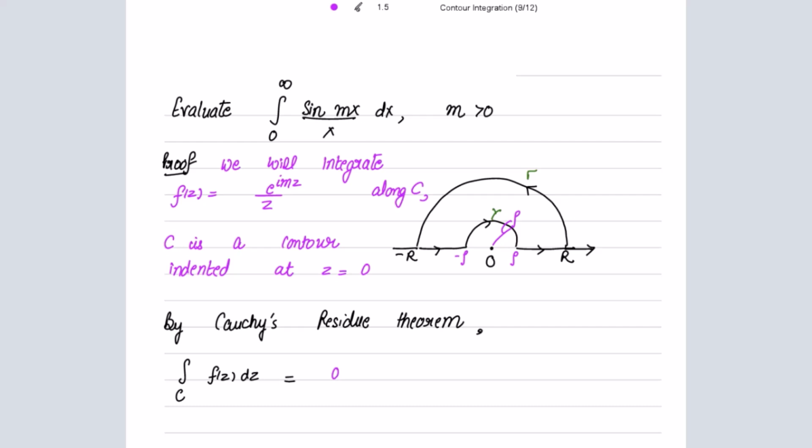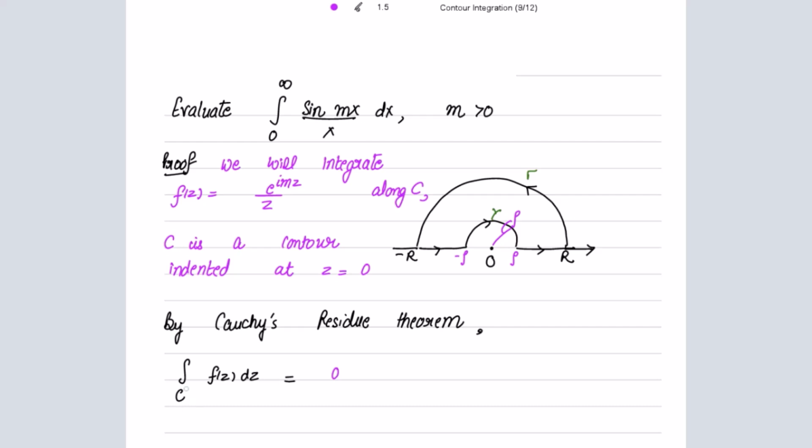So the complete integration along the contour C is 0 by Cauchy's residue theorem.